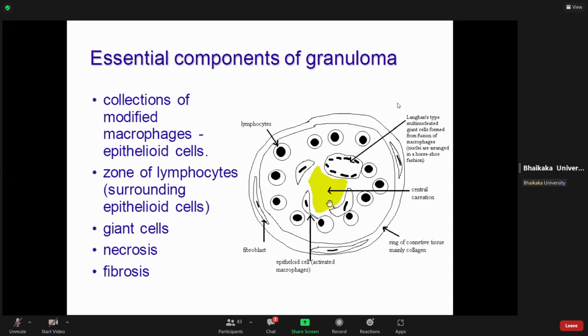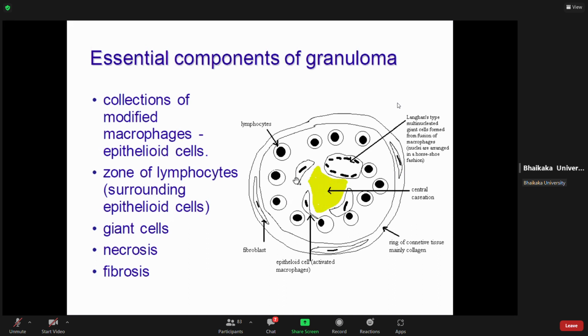In the center of this diagram, you find this colored area, that is necrosis, and that is caseating necrosis. You very well know the different types of necrosis, and in this granuloma, it is especially the caseating type.